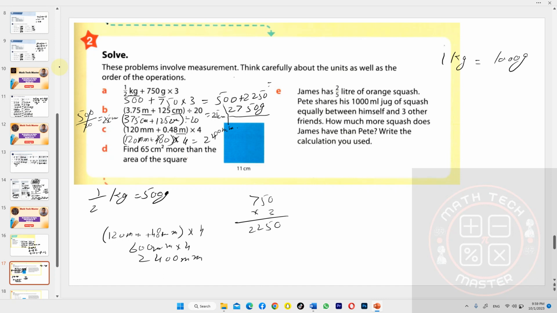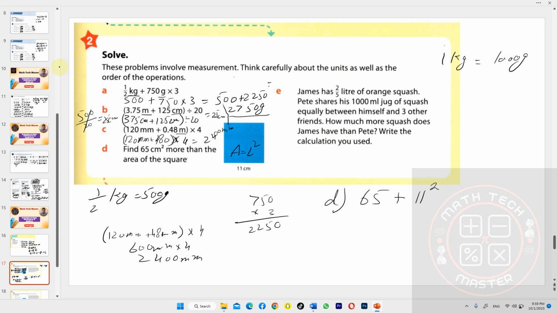D part says to find 65 centimeter square more than the area of the square. So we need the area of this square. We know the area is equal to length square. So what is the length? I'm going to do the D part over here. The length is 11 centimeters, so area will be 11 square.